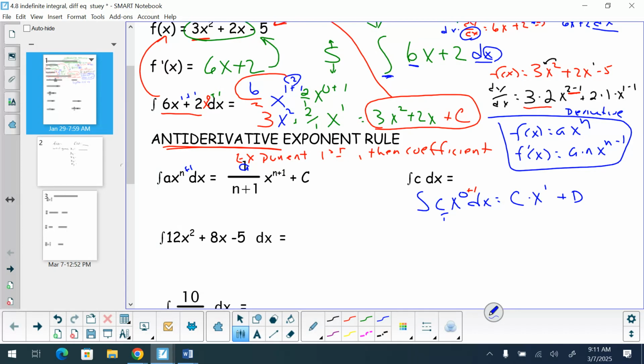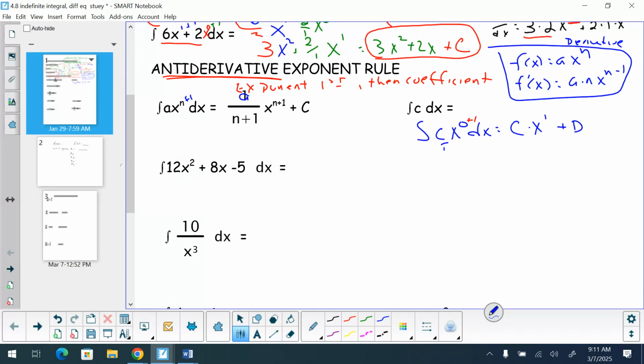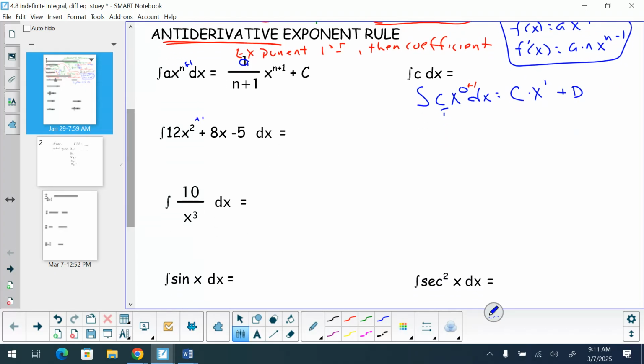So looking at a function, 12x squared plus 8x minus 5 dx. I want to find the antiderivative. Once again, my suggestion to you, always throw a plus 1 there. Work with your exponent first.